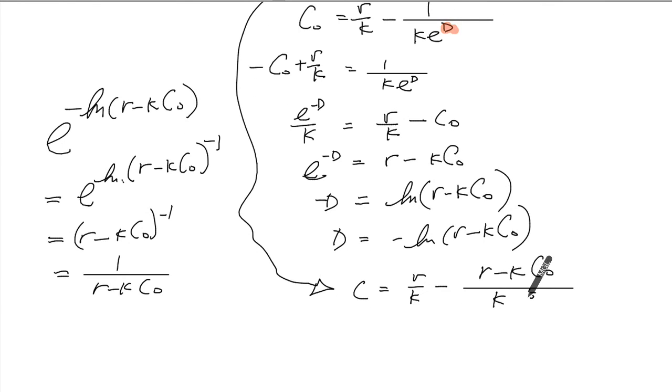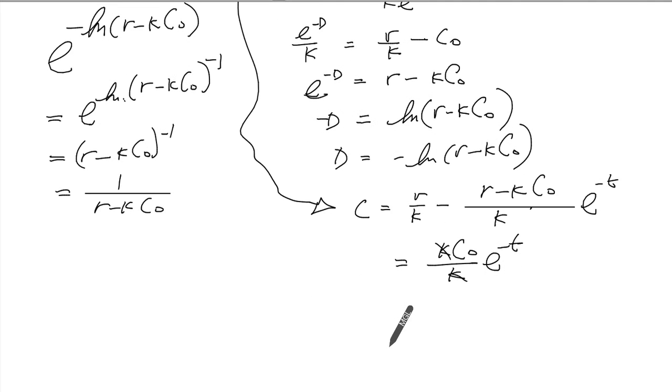Maybe I should put that at the front here, because this is a variable, e to the power of minus t, and this is all constant here. Okay, constant. And we can even combine these two. So you get r minus r, so you actually get kC0 over k e to the power of minus t. That gets reduced, so we get C is C0 e to the power of minus t. Well, it simplifies quite a bit, doesn't it?